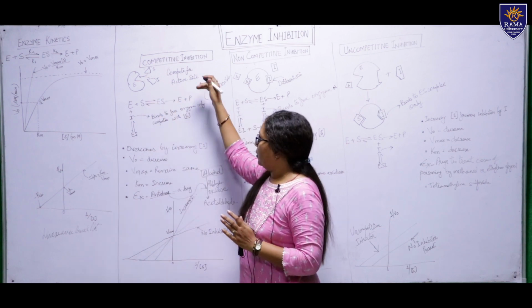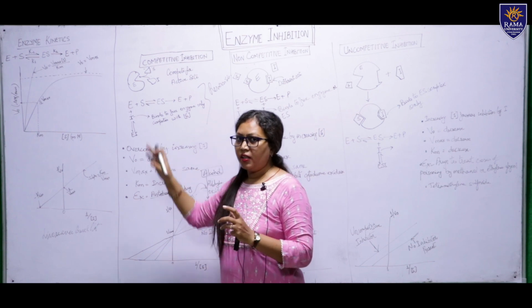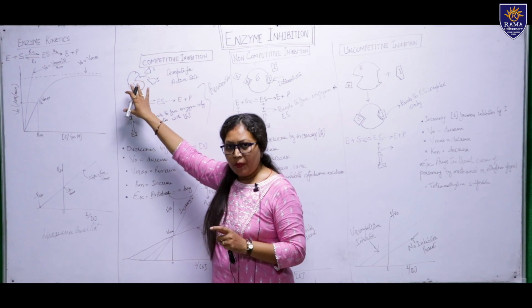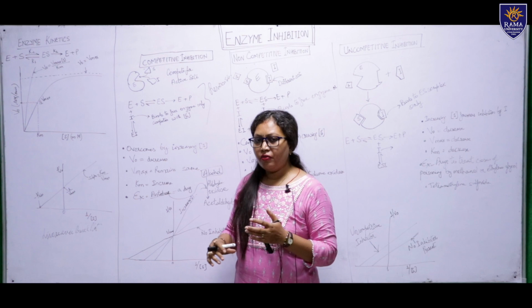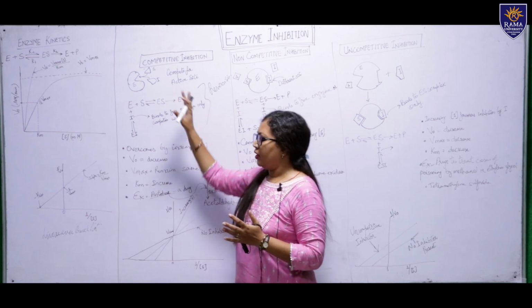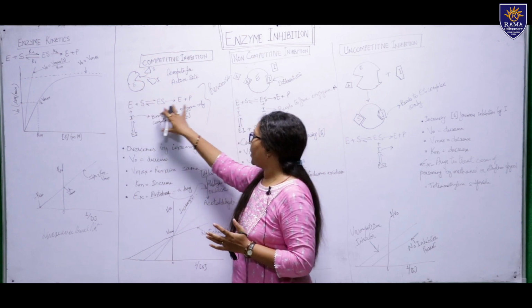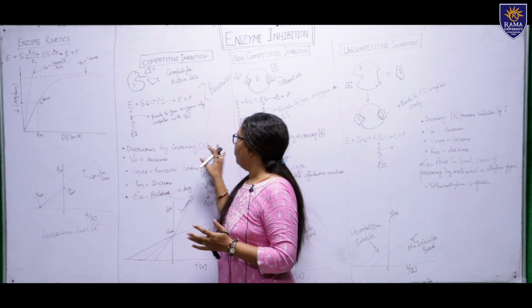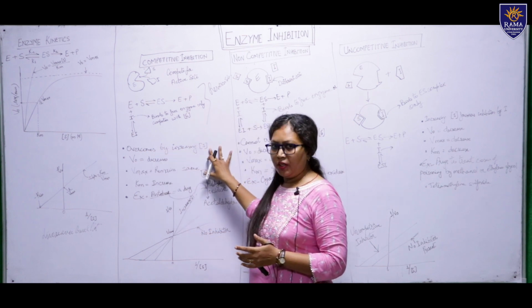As the concentration of substrate increases, the substrate will occupy all the available active sites of the enzyme, and due to the lower relative concentration of inhibitor, the substrate will be able to bind to the active site, and this reaction will be possible. So, in this way we can overcome the competitive inhibition by increasing the substrate concentration.